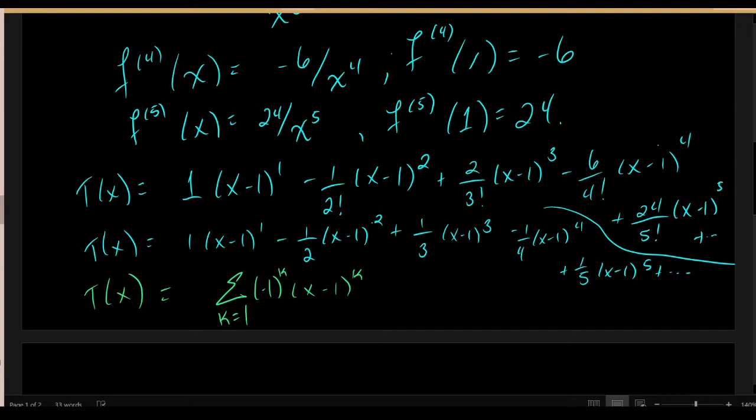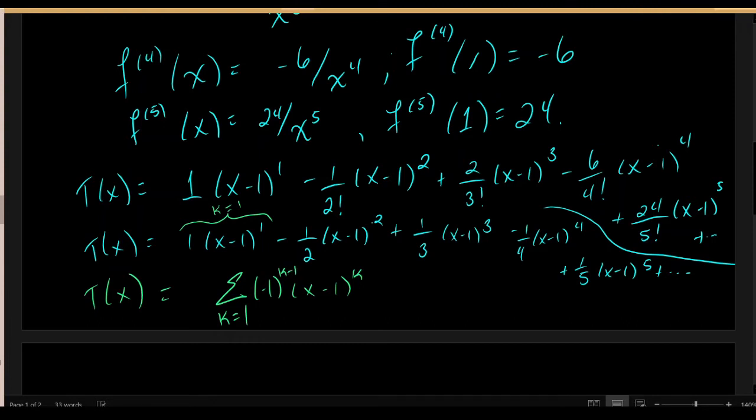However, this is currently not quite correct, because when k is equal to 1, negative 1 to the first power will output a negative value. However, my k equals 1 term outputs a positive value. So what I'm going to do is I'm going to take that negative 1 to the k, and then I'm going to add 1 to this exponent.